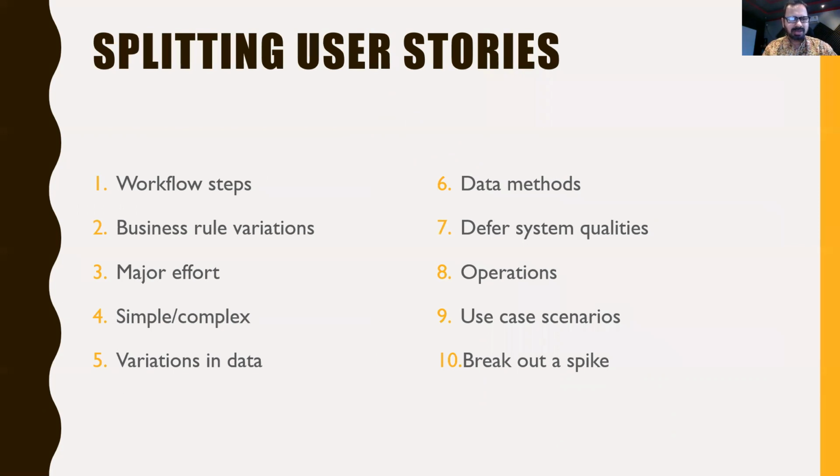One is using major effort, simple and complex effort, variations in data, methods, deferring system qualities, operations, use cases, scenarios, and breakout spike. Now let us look at this one by one in terms of how we split the user stories with examples.